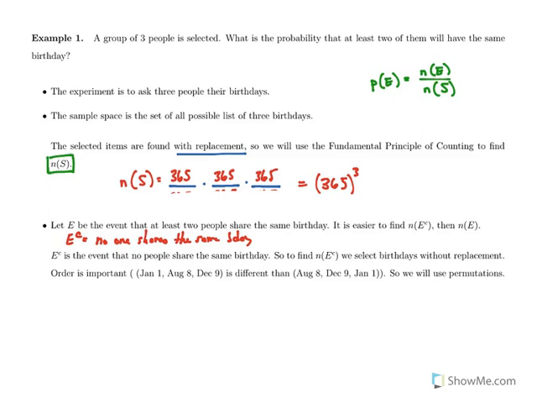And to find the size of that set, we can think about selecting birthdays without replacement. Note here that order is important, and that's because in our sample space, an outcome such as January 1st, August 8th, December 9th is different than August 8th, December 9th, January 1st. The same dates are involved, but the order is important because we're talking about different people here.